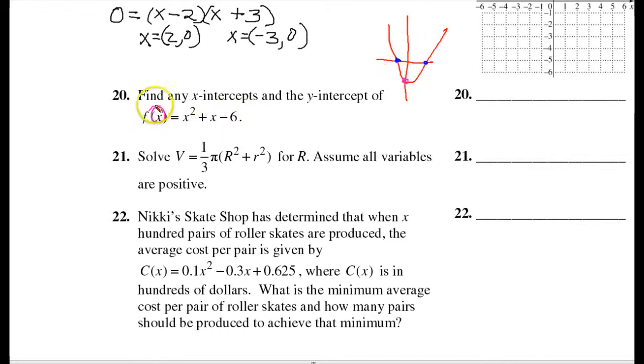Now for our y-intercept, we want to have that our x value is going to be 0. So remember, this is a y, and if our x value is 0, this would be a 0, this would be a 0, then our y value is going to be a negative 6. So when x is 0, our y value is negative 6.